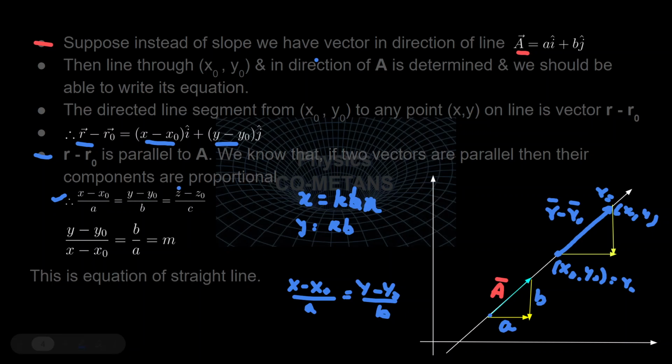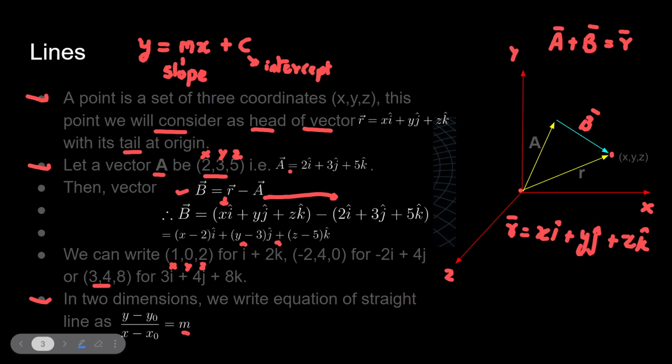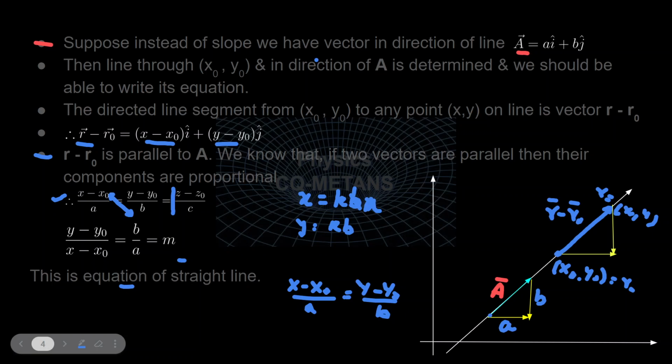Now if we omit the z part and interchange, I get y minus y naught divided by x minus x naught is equal to b by a, that is equal to m, and this is the equation of a straight line, which we already have seen. So with vectors also we can find the equation of a straight line.